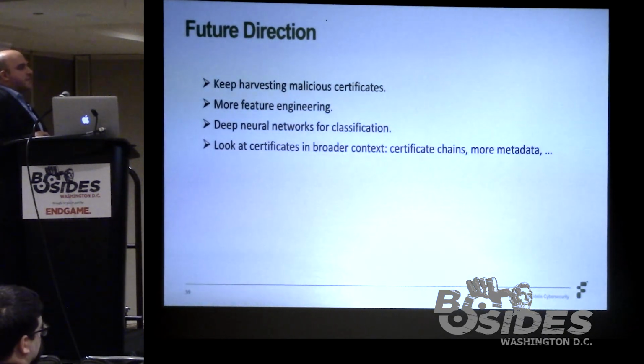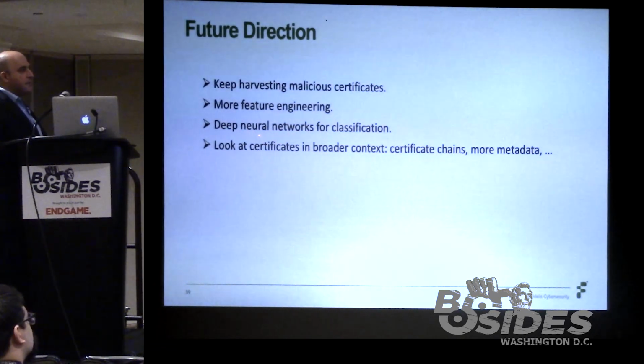Some future directions. Obviously, we're going to keep collecting malicious certs. Dig deeper into features. Try to squeeze out higher accuracy. Again, in the spirit of looking for higher accuracy, we look into whether more sophisticated algorithms will help, mainly deep neural networks, which are very trendy now.